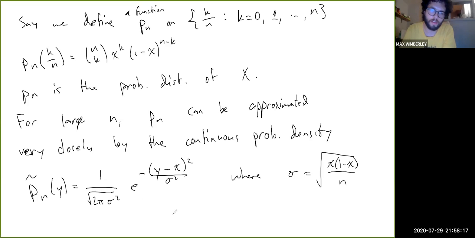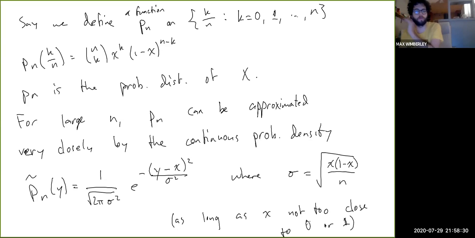And as long as x is not too close to 0 or 1. So we're going to sweep this under the rug for now. Just imagine that everything is being cooperative right now: x is not super close to 0 or 1, and n is super large.